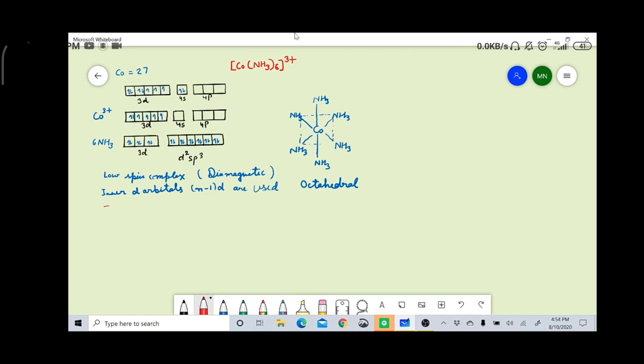There is another example of cobalt complex, hexafluorocobaltate.